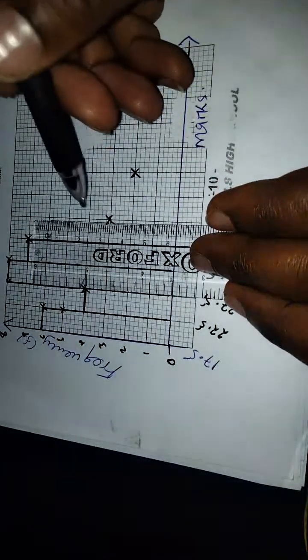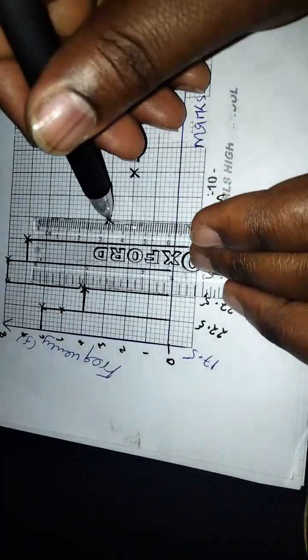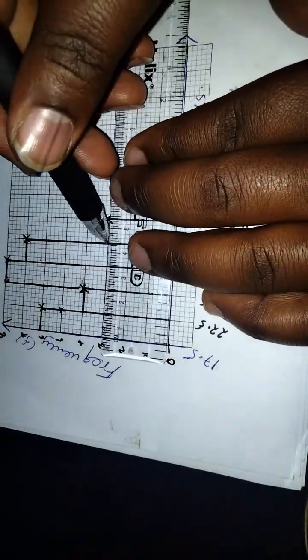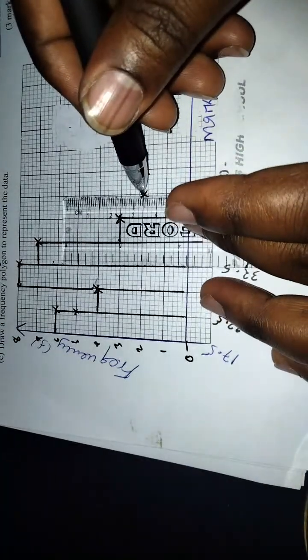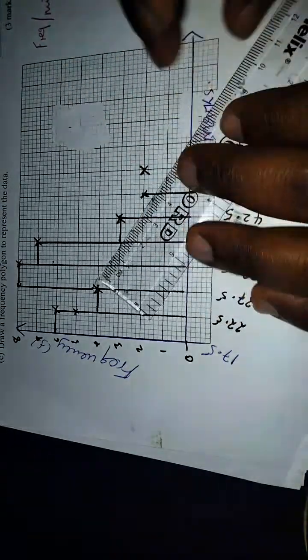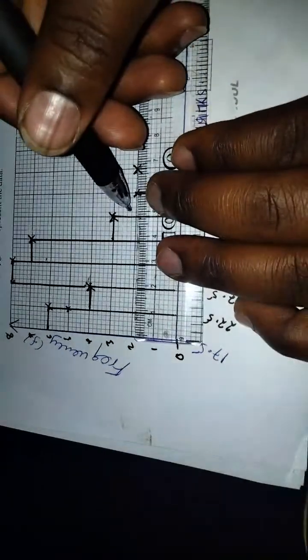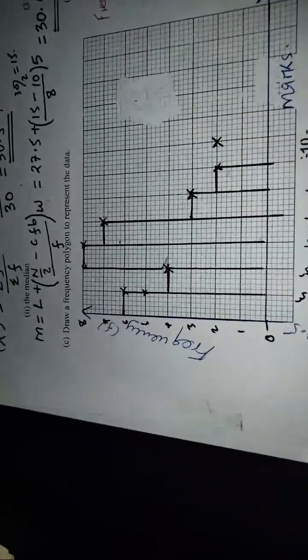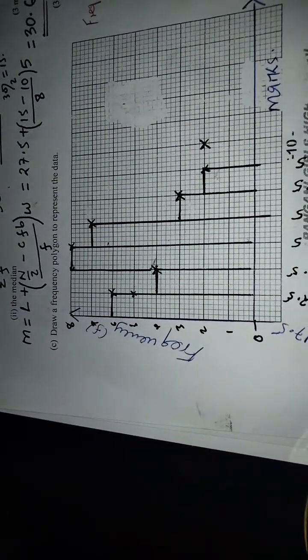Then we have this one. And finally, we got this one, whose height is just 2. So these are the bars showing us what we call the histogram.